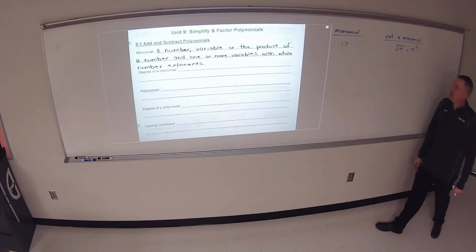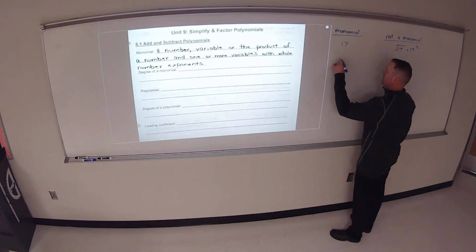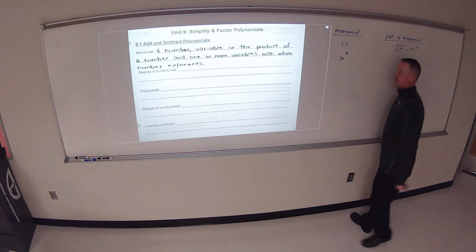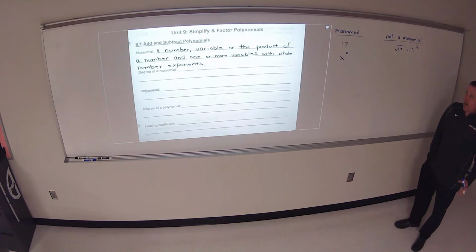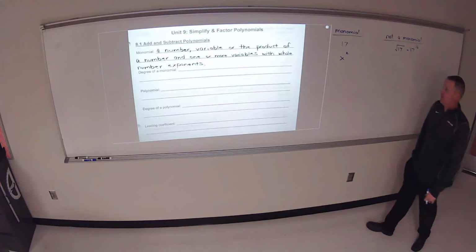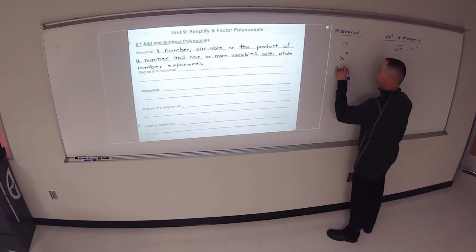Okay? It could simply be a variable. Alright? And that variable could have an exponent on it. Let's say it's x squared. Okay? That's an example of a monomial. Alright? Or it could be a product of one or more variables and a whole number. So let's say that we had 8x to the third, y to the fifth.